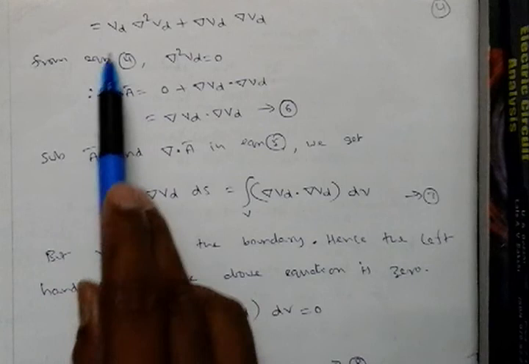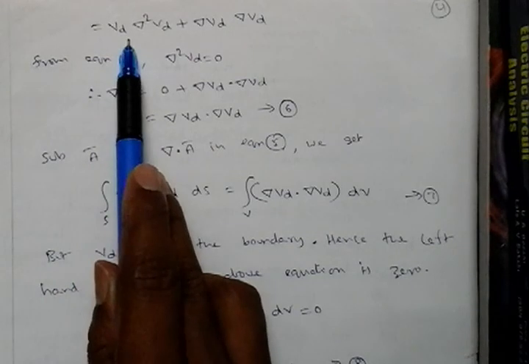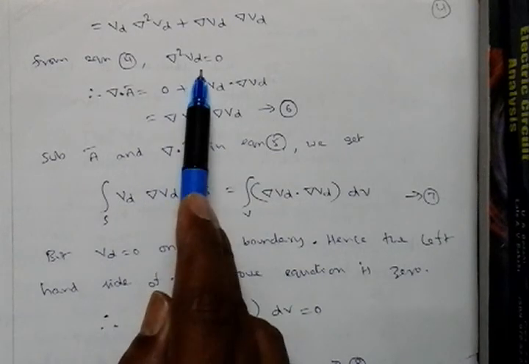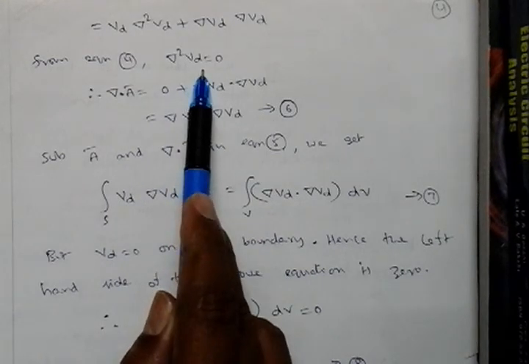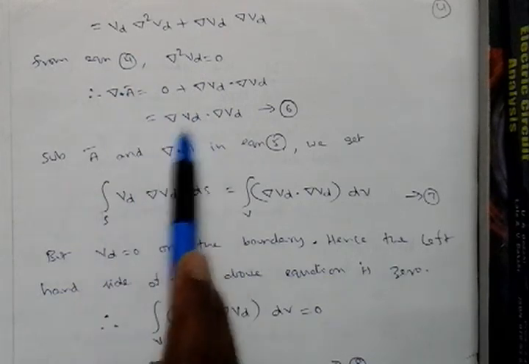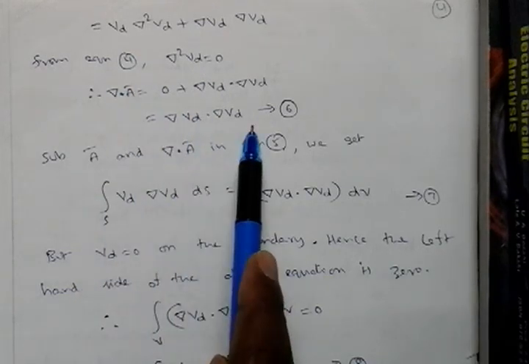Then substitute in the formula, finally we will get Vd del square Vd plus del Vd into del Vd. But del square Vd must be equal to 0 as per the previous equation. Substitute this 0, finally del dot A bar is equal to del Vd into del Vd.